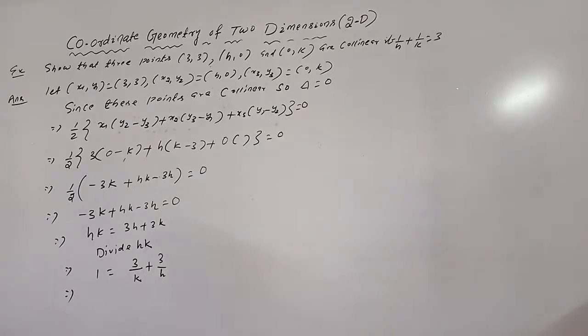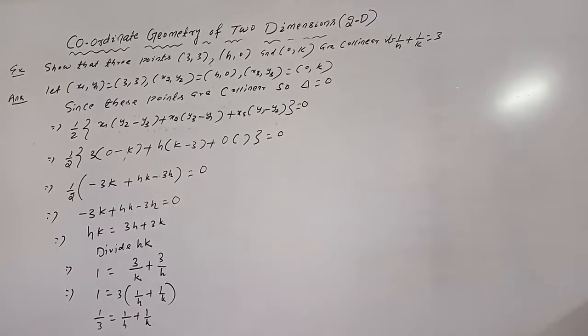Take 3 common. 1 equal to 3 times (1 by h plus 1 by k). So 1 by h plus 1 by k equal to 3. That implies 1 by 3 equal to 1 by h plus 1 by k.